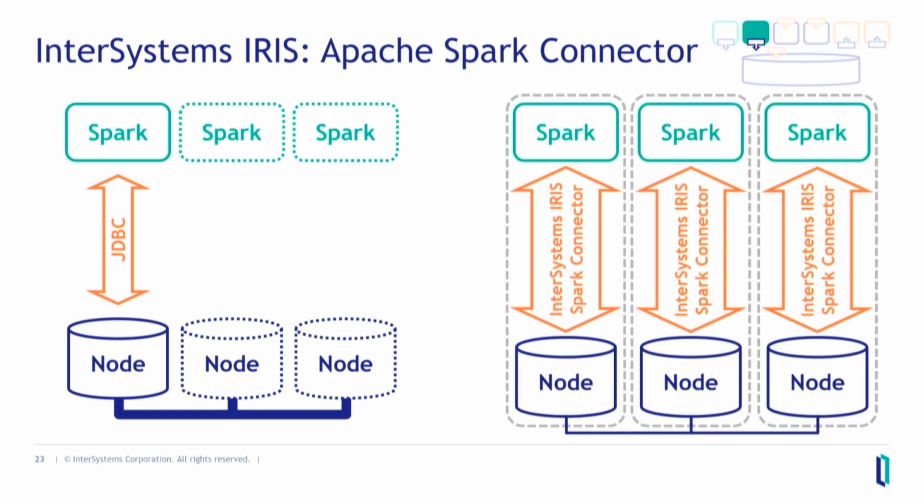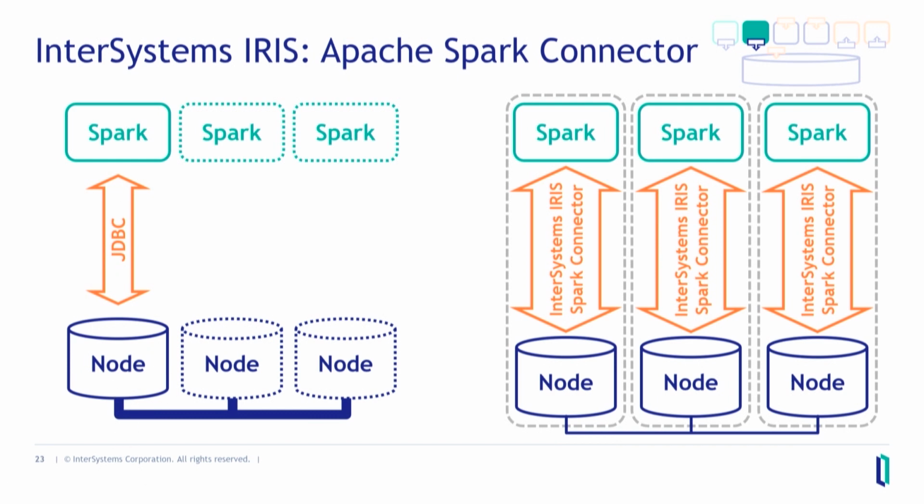So, the Spark connector, what would that mean? We were looking at a single instance scenario, but if you scale out to multiple nodes and you just use the built-in JDBC connector that comes with Spark, you would have only one Spark process talking to one data node on the IRIS side.